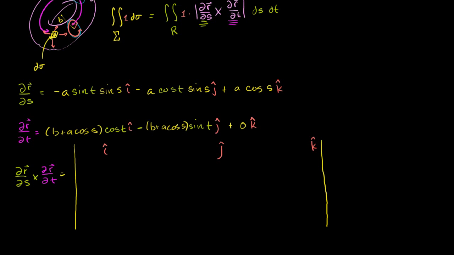So let me copy and paste them. You have that right there. Put that there. Then you have this one right there. Copy and paste, put it right there. And then you've got this one right here. This will save us some time. Copy and paste, put it right there.